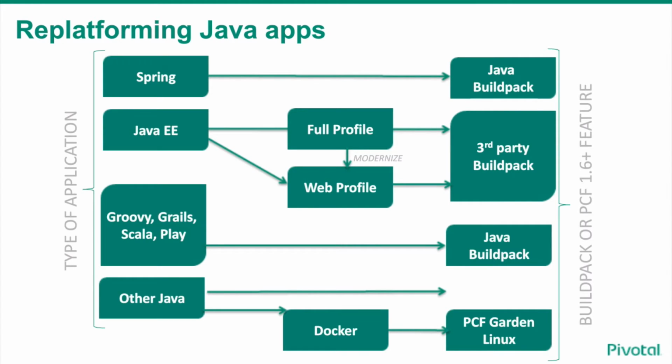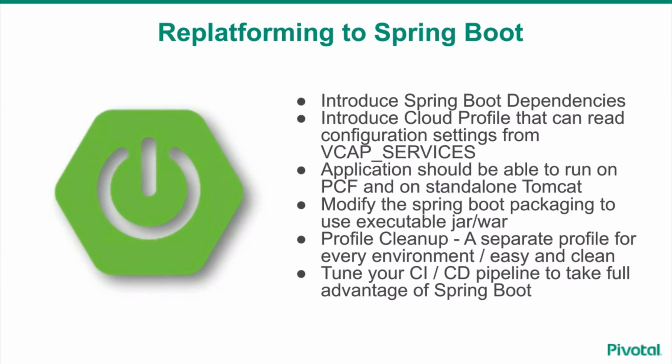And then with Spring Boot, we've worked hard to make that very easy. You can use the dependency management that's built right into Spring Boot with the starter POMs, and Maven or Gradle. There's a cloud profile that helps keep your environment variable settings nicely separated and very Cloud Foundry compatible.